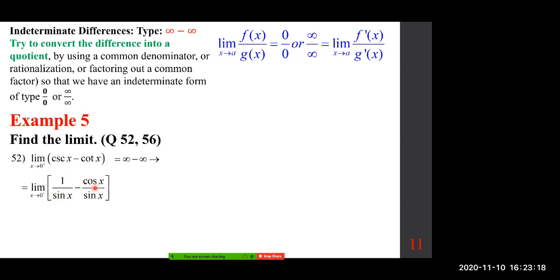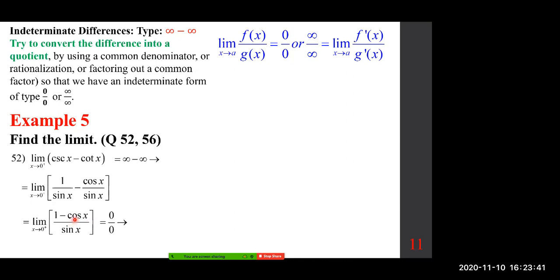Now, take a common denominator of sine. If you replace the x with 0, cosine 0 is 1, so we get 1 minus 1, which is 0, and sine 0 is 0. So now we can use L'Hopital's rule because we have 0 over 0.